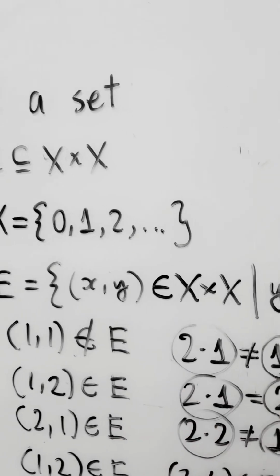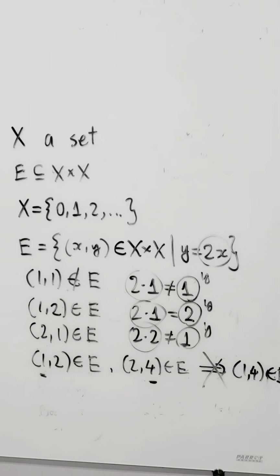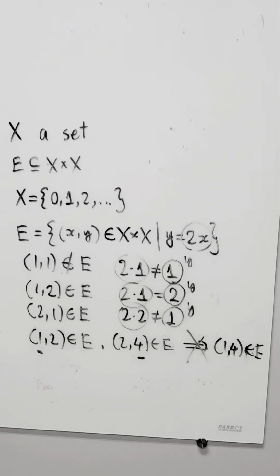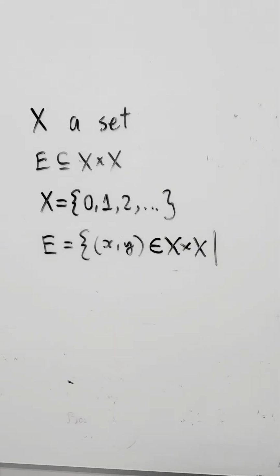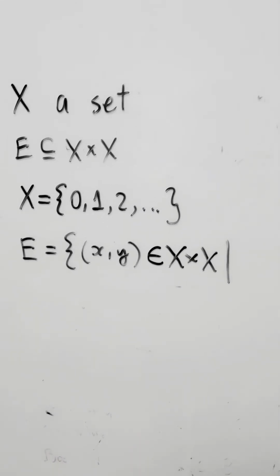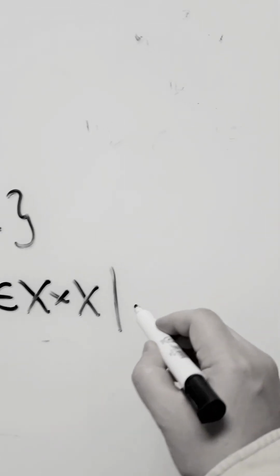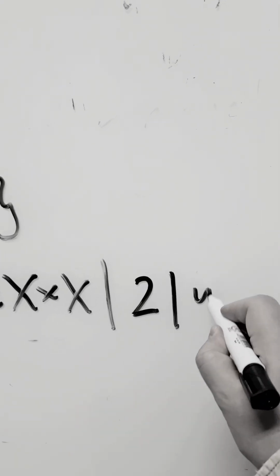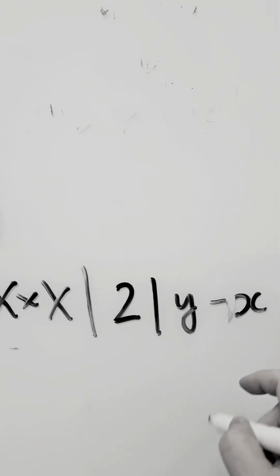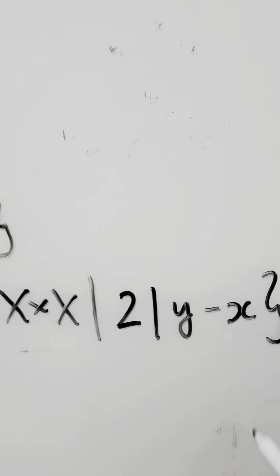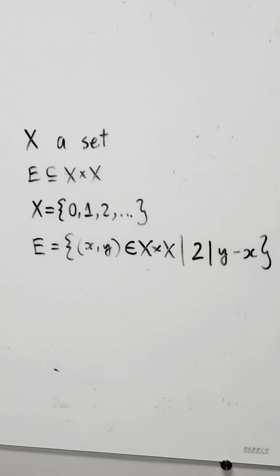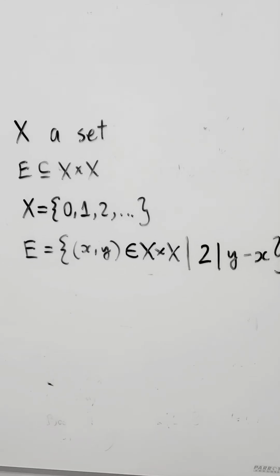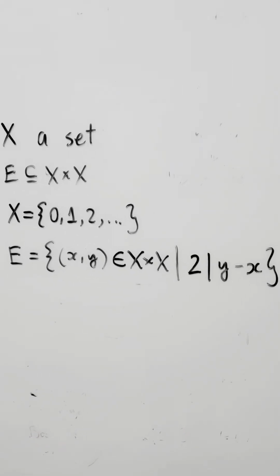So this relation is not an equivalence relation, but we can easily fix it so that it becomes one. Instead of requiring that Y equals 2 times X, let's require that 2 divides Y minus X. Then the resulting relation is an equivalence relation.